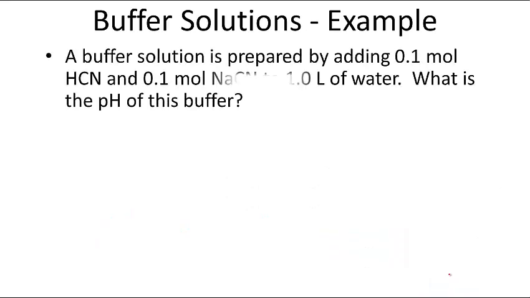All right. So I'm going to solve this by applying a Rice chart. And then I'll talk about how we could just use the HH equation as a shortcut. So a solution is prepared by adding 0.1 mole of HCN and 0.1 mole of NaCN to 1 liter of water. Again, this would be a terrible buffer if this were a biological situation, because cyanide kills almost everything.